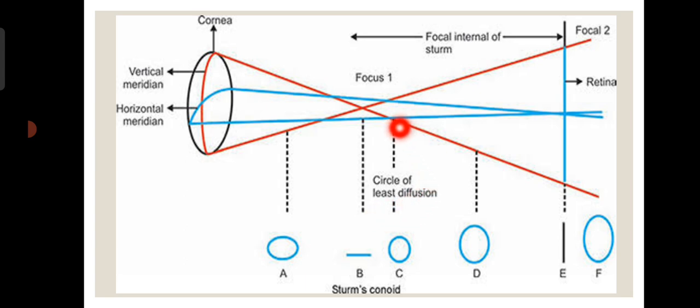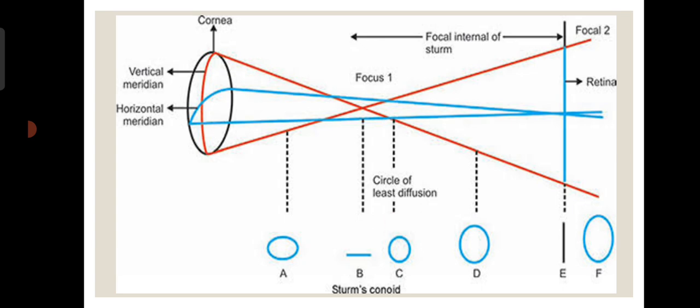Now coming to the circle of least confusion. The circle of least confusion is where the vertical vergence of light meets the horizontal vergence of light, and there is now a complete circle formation. You can see C. This is the circle of least confusion.